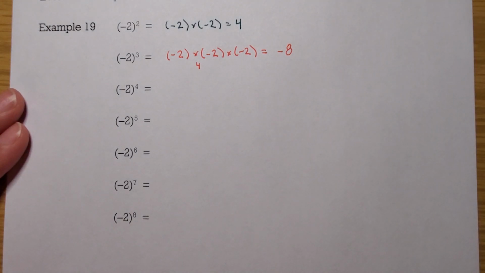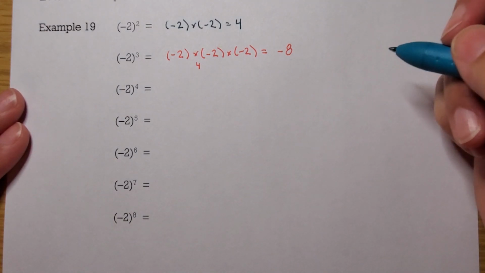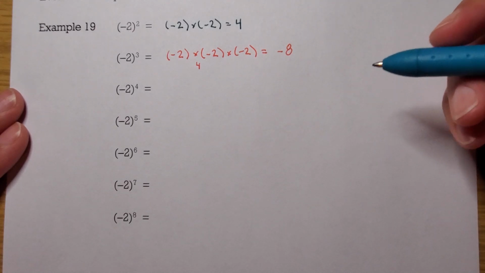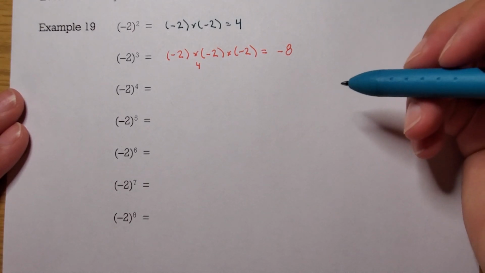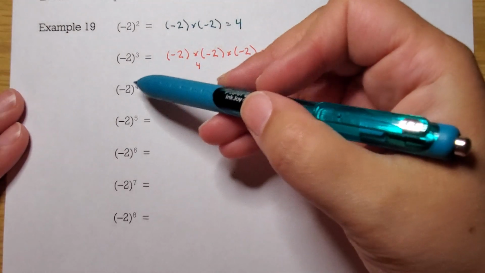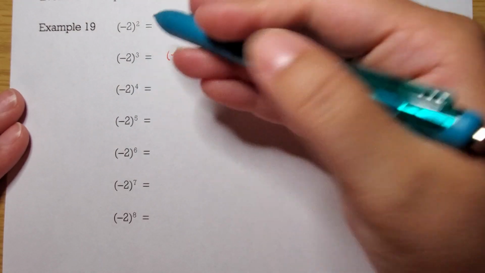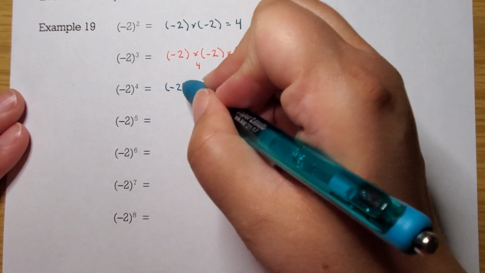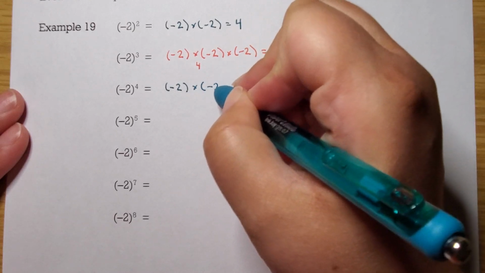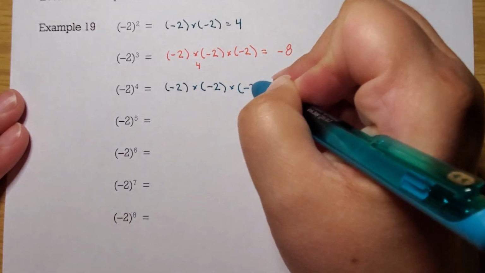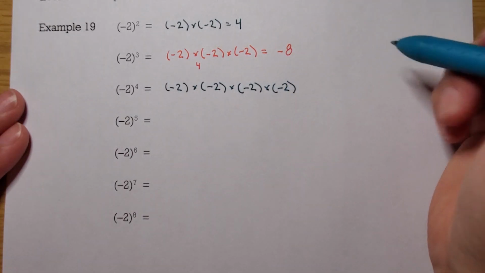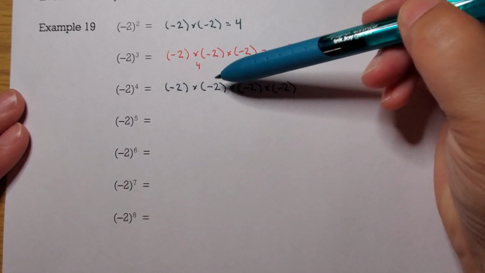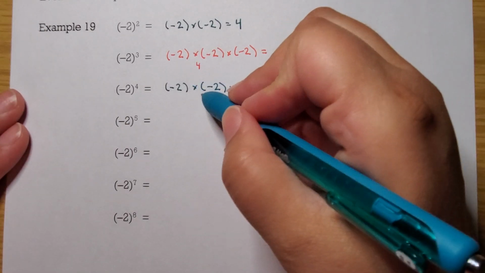Okay, let's do the next one. What we're looking for as we go through these is some pattern to happen. So keep your eye out and see if you identify a pattern. So we have (-2) to the fourth. That means we're going to have 4 of these. -2 times -2 is a positive 4.